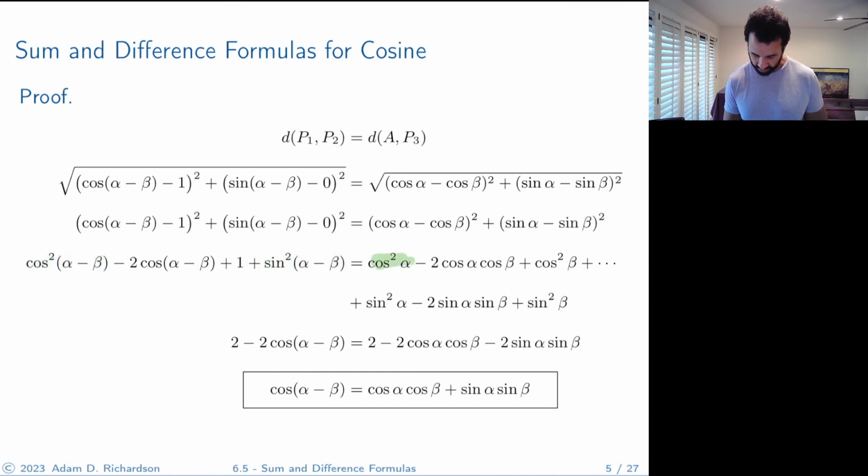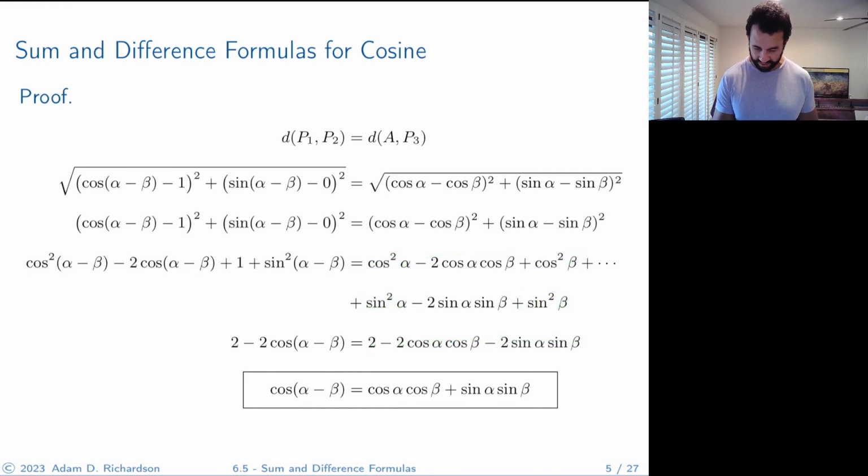We've got cosine squared alpha and sine squared alpha. That's going to add up to 1. Then we've got cosine squared beta and sine squared beta. That's going to add up to 1, right? And so then what's left is 2. And then these two things right here, like so.